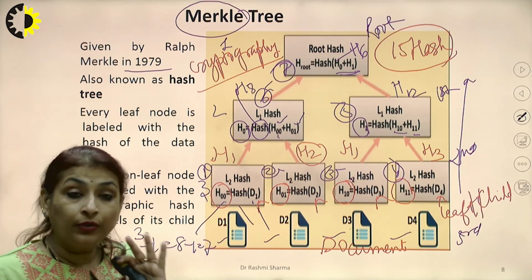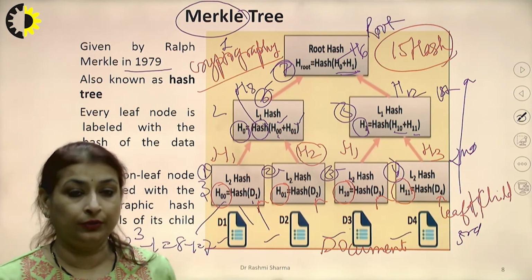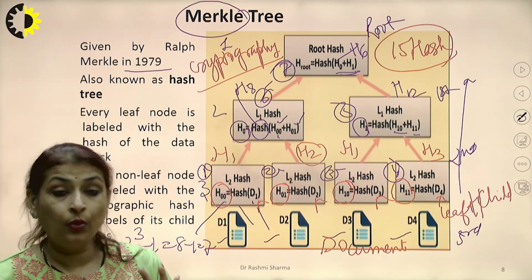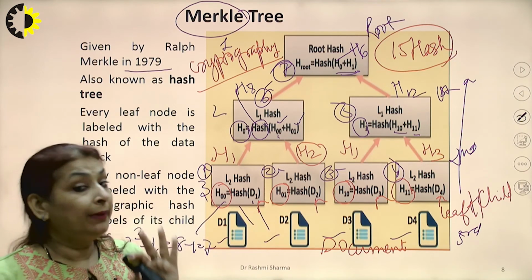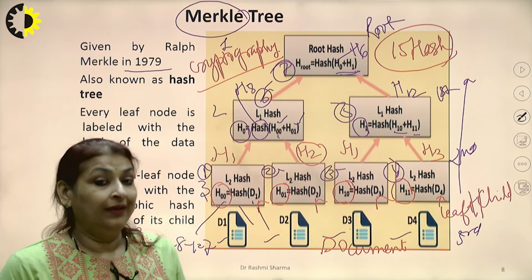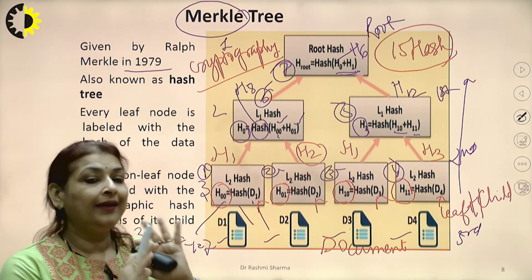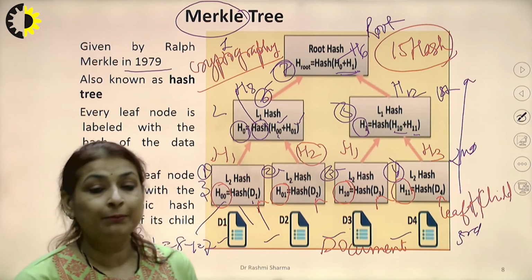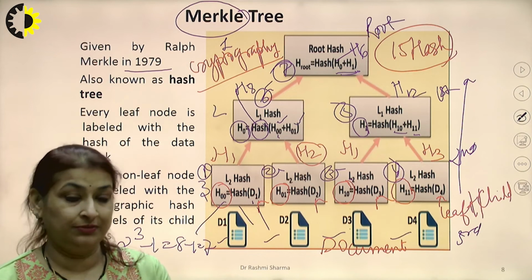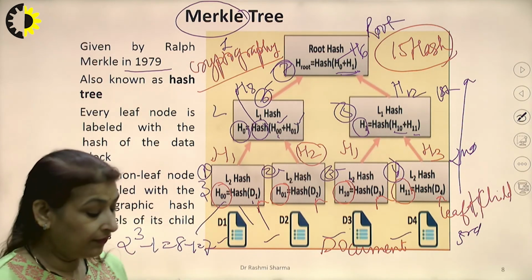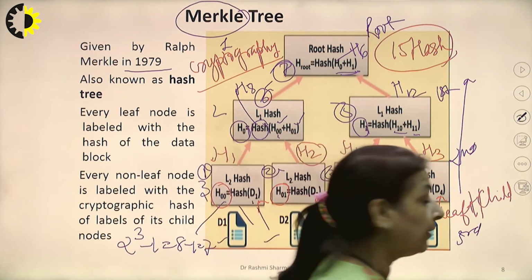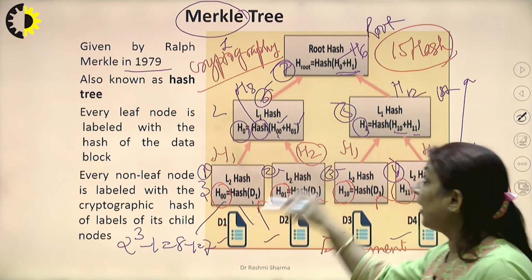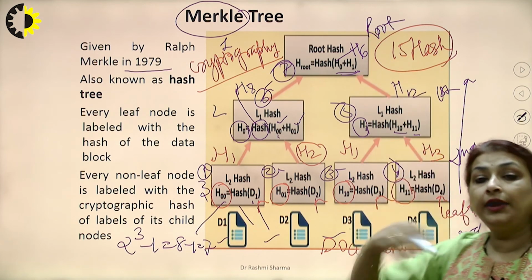So how can anyone tamper with that data? That is the most difficult thing, the most infeasible thing, but it is not impossible. Anyone who has high processing speed or high computing power can track this hierarchy and do it.